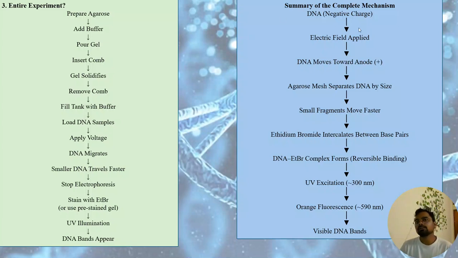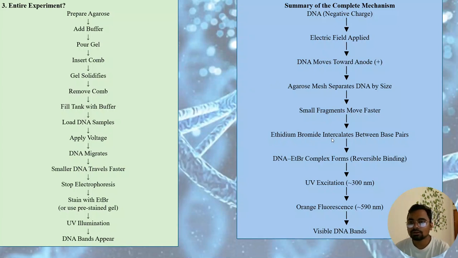The summary of the complete mechanism: DNA is negatively charged, so when an electric field is applied, DNA migrates toward the anode. It migrates because agarose is a mesh-like structure through which DNA can move easily. Small fragments move faster, and larger fragments face more resistance from the agarose mesh.